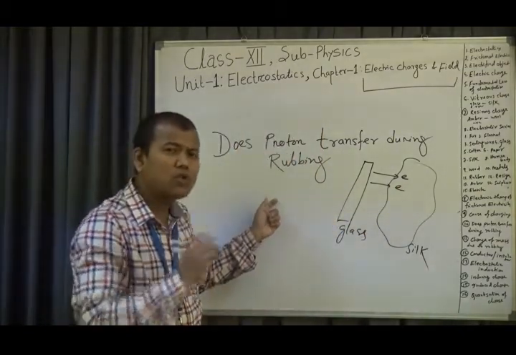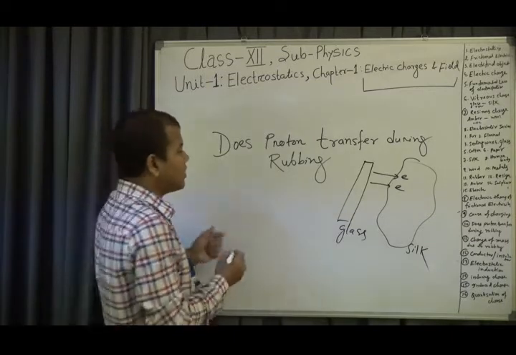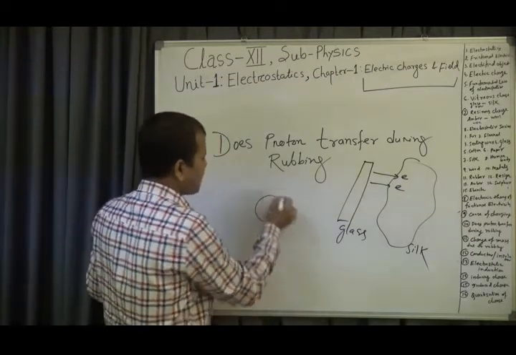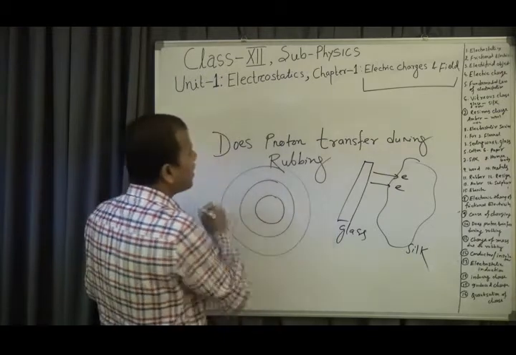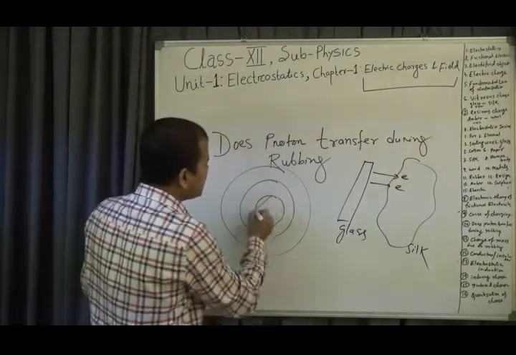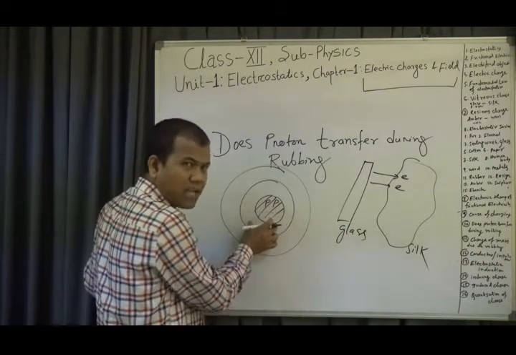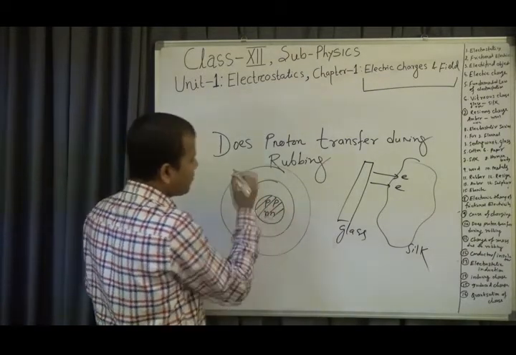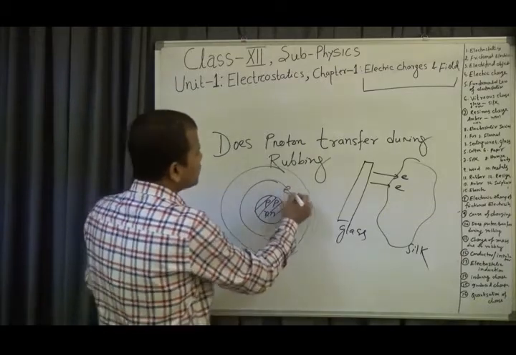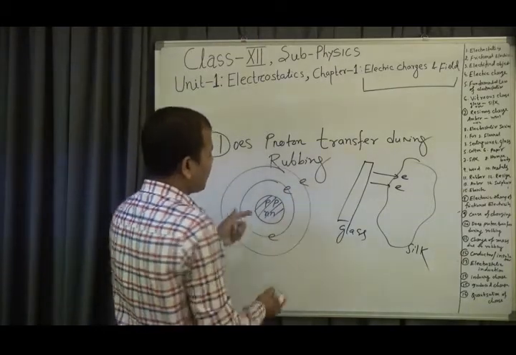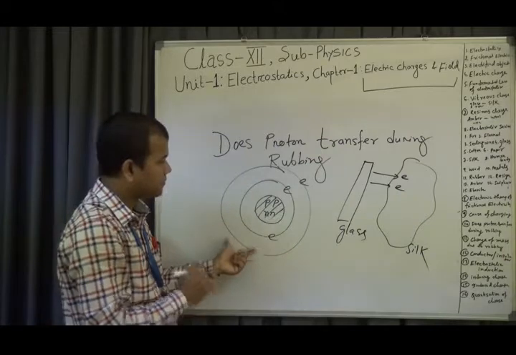No, protons will not transfer because protons are inside the nucleus and electrons are in the different shells. Suppose this is the nucleus of an atom and protons are there inside the nucleus. Obviously neutrons are there, I am telling about the protons only. Suppose electrons are there in the different orbits.